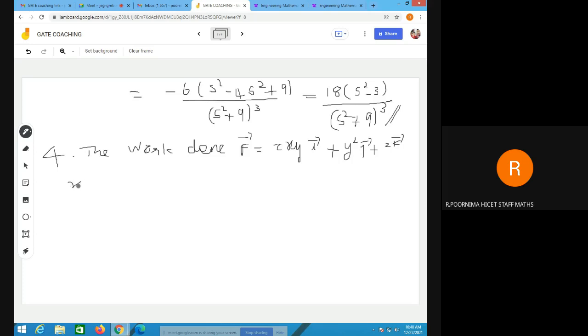The circular path is given in the question: x square plus y square equal to 9.